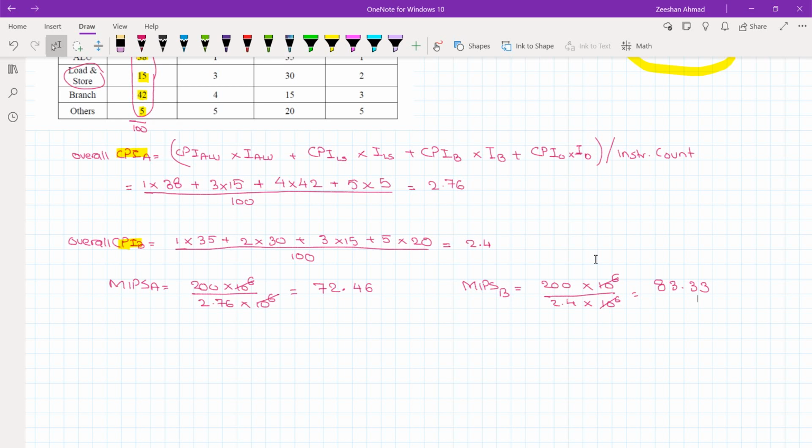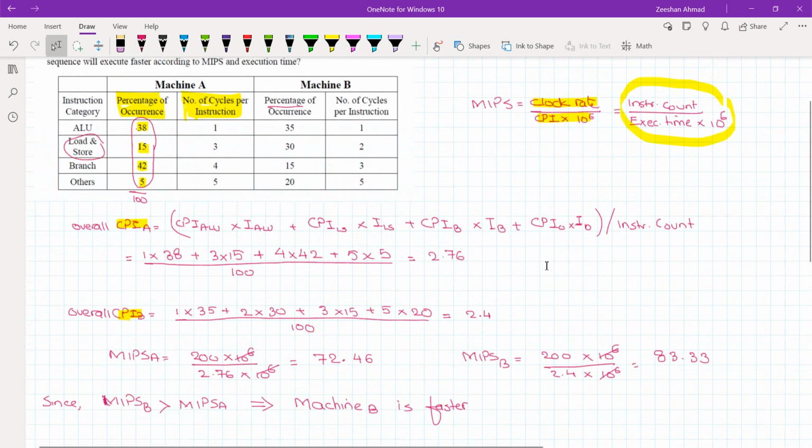In this case, machine B is executing more instructions, so the MIPS for B is greater than the MIPS of A. So machine B is faster according to MIPS.